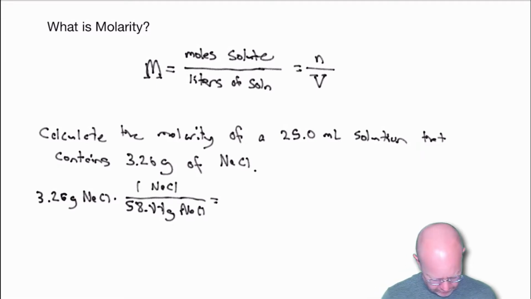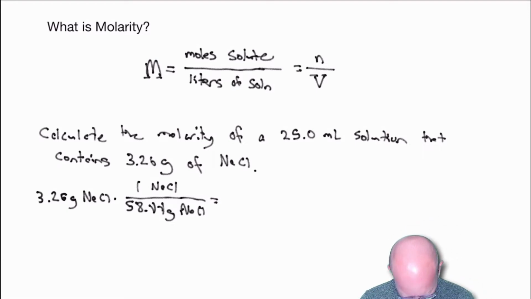So this will give us our moles. Let me just calculate that. 3.26 divided by 58.44, and what I get here is 5.578 times 10 to the minus 2 moles NaCl.